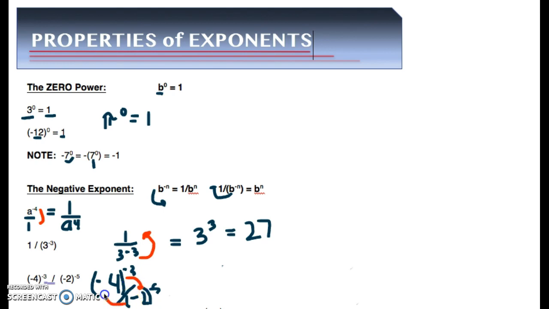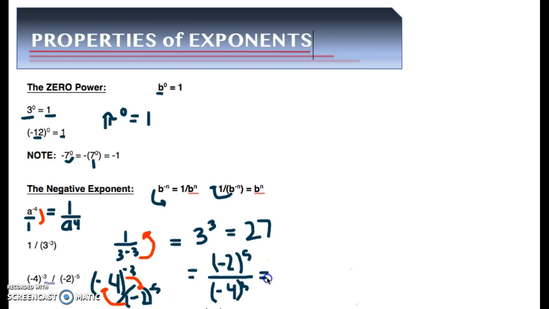My negative 2 base is going to flip to the top. So here is my fraction. In the denominator, I have a negative 4, and it is to the positive 3. Remember, once I am flipped, once I am moved, the exponent becomes positive. The negative 2 moves to the numerator, and he keeps his exponent of a 5, but it's no longer negative.